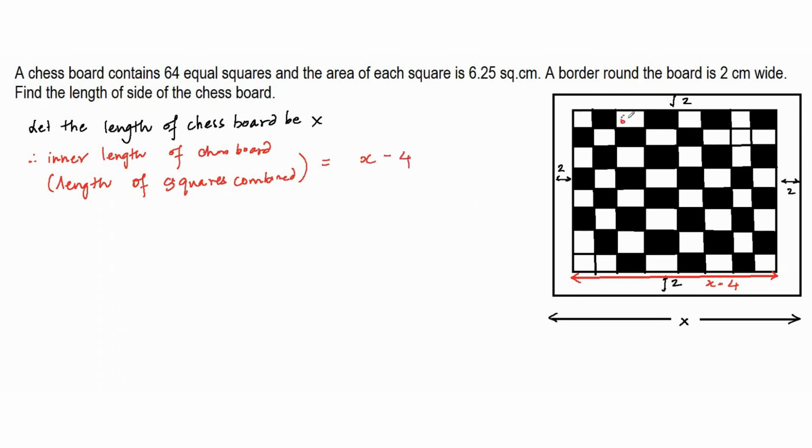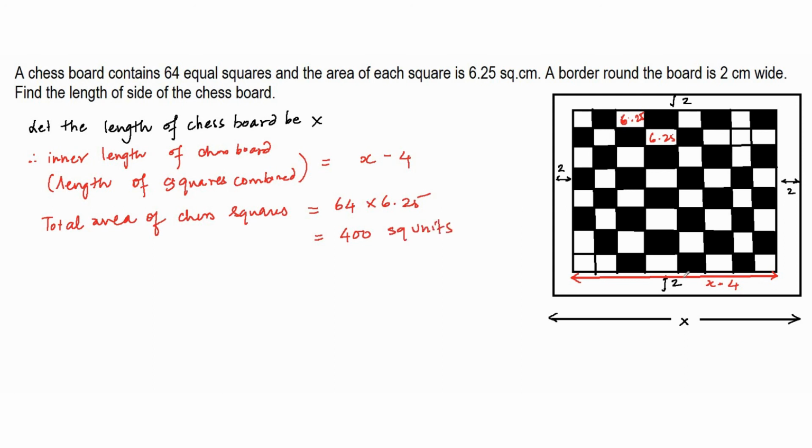Now there are 64 such squares, and each square has an area of 6.25, and therefore the total area of chess squares is going to be 64 multiplied by 6.25, and that's basically going to be 400 square units, right?